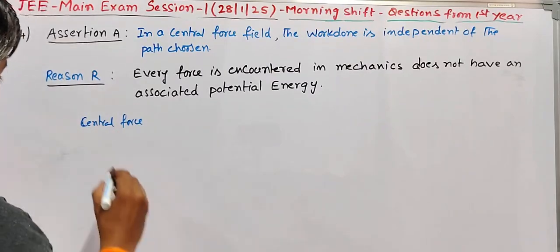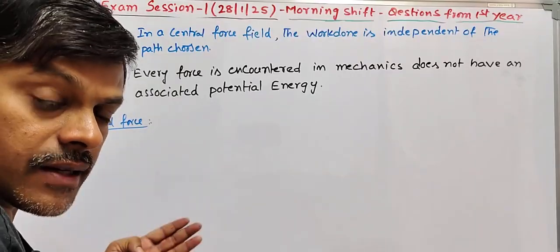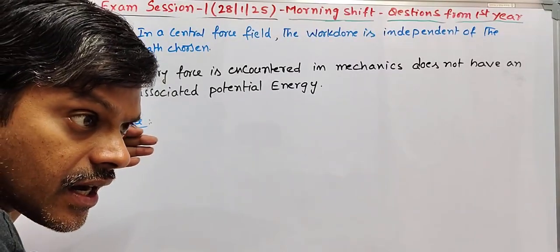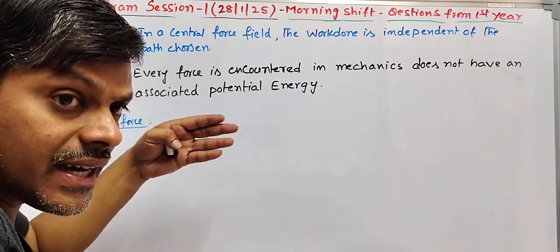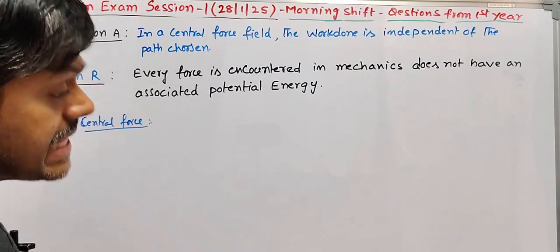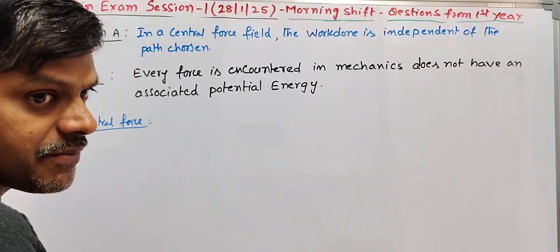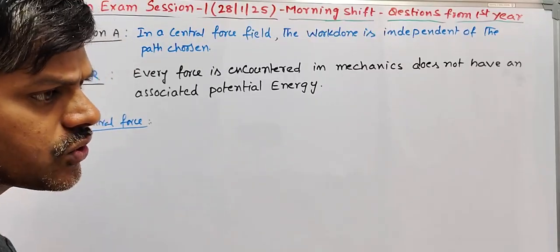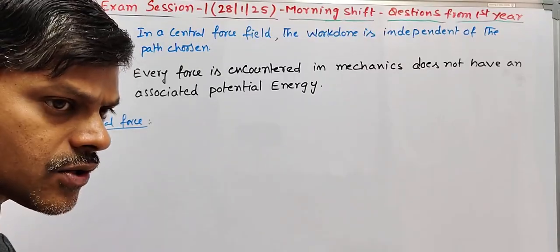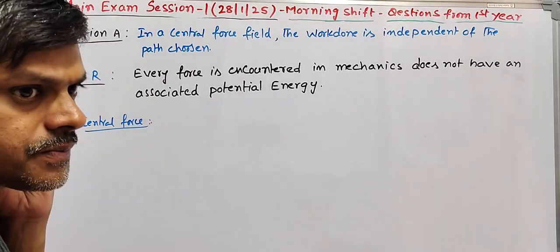Okay, what is central force? You know, the force which acts on any object along the line joining that body and that point. Central force is a force which always acts along the line joining them. For example, gravitational force, okay, spring force, electrostatic force. These are the best examples of central forces.